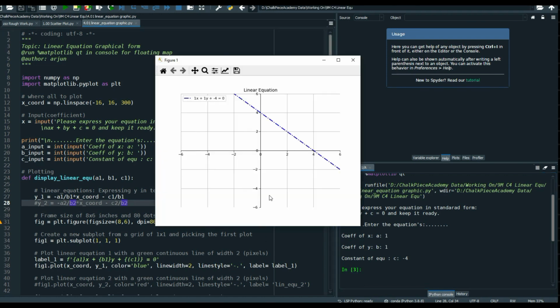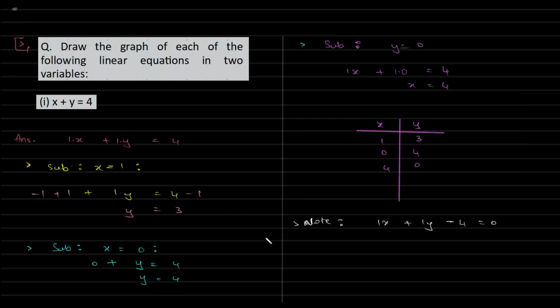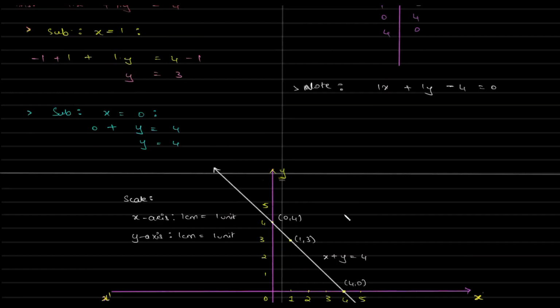And we have the graph. We can see it's a similar graph. They have 0, 2, 4, 6, so each unit here is 2. For us, each unit was 1. That's the difference.